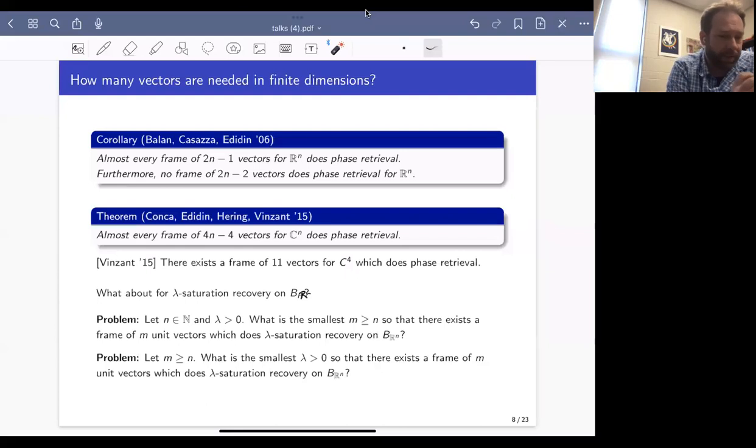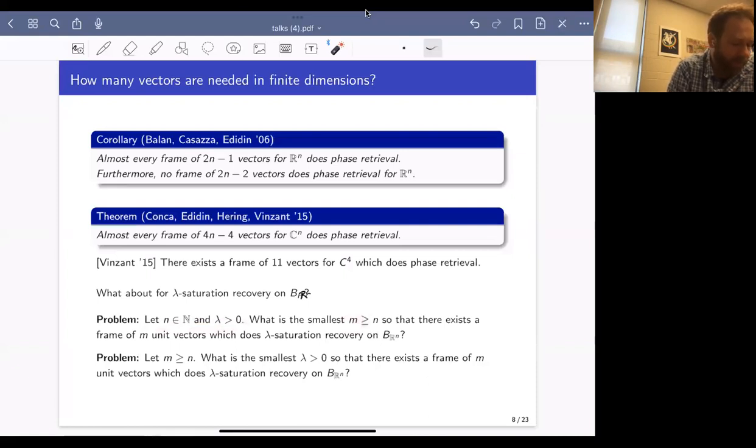If things get saturated at very small values of lambda, you're going to need more vectors. So given some dimension n and some saturation level lambda, you could ask what's the smallest number of vectors I need so that there exists a frame of unit vectors which does lambda saturation on the unit ball.